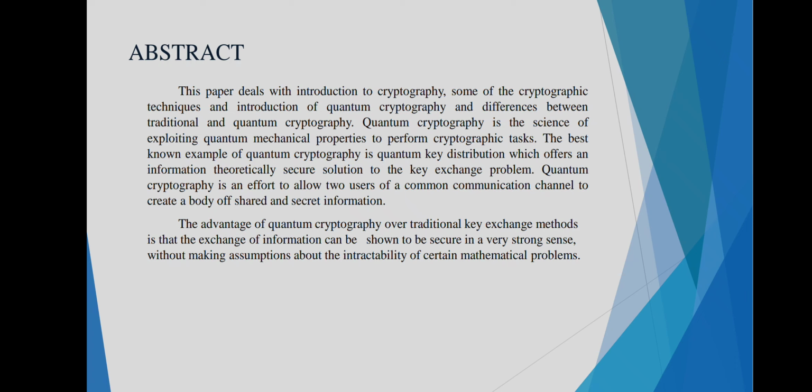Quantum cryptography uses photons of light to transmit information. Quantum cryptography is the science of exploiting quantum mechanical properties to perform cryptographic tasks. It is somewhat related to physics, quantum physics. This uses photons to transfer information.